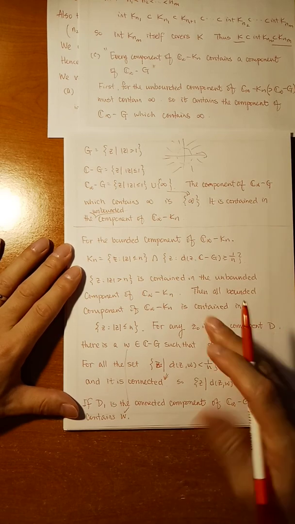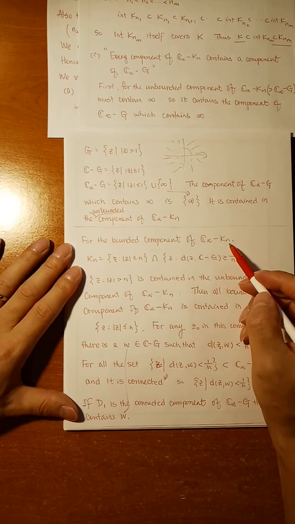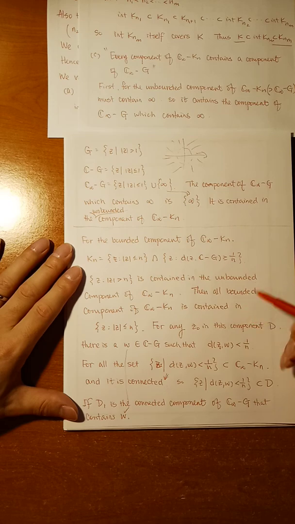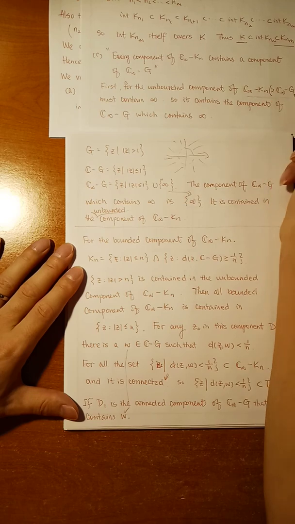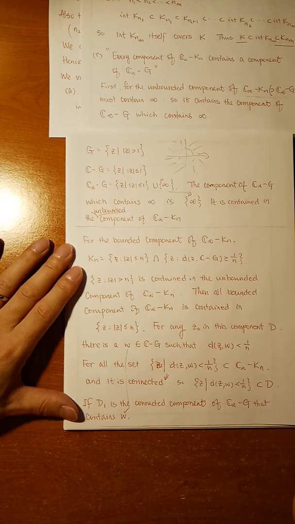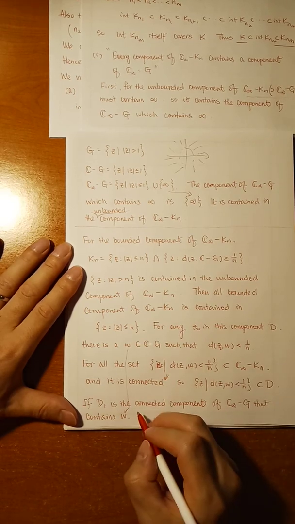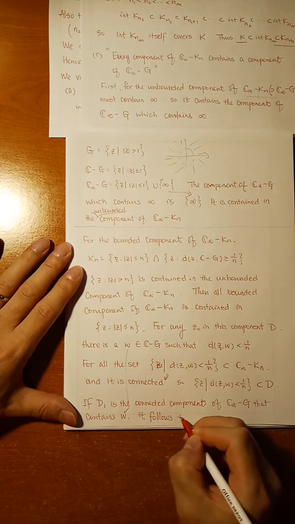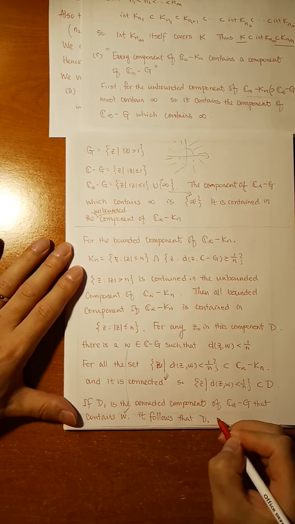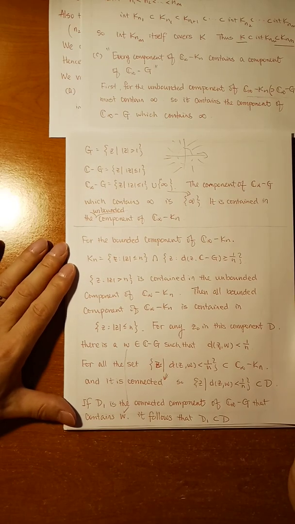This D is the largest possible. Remember, because this is a subset of C infinity minus Kn, its component is supposed to be smaller than it. So it follows that D1 is a subset of D.